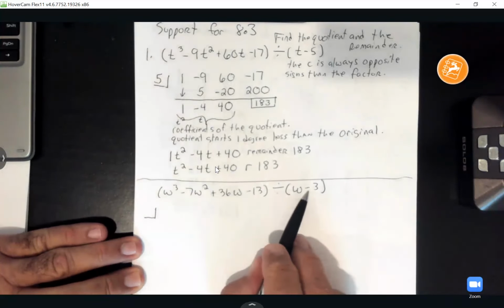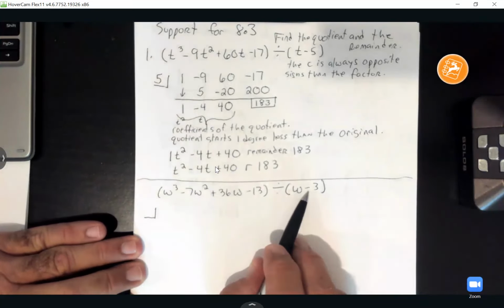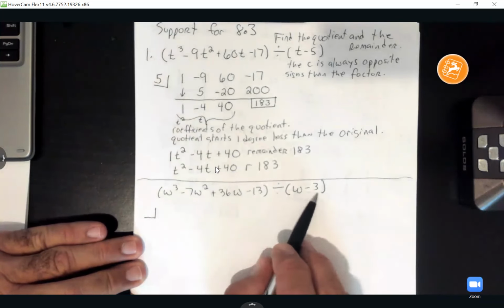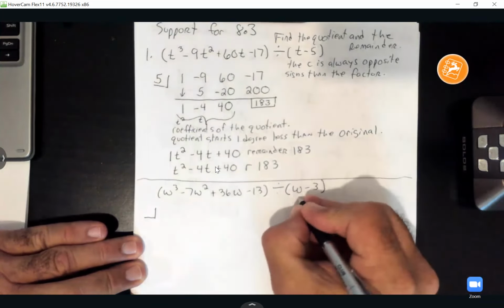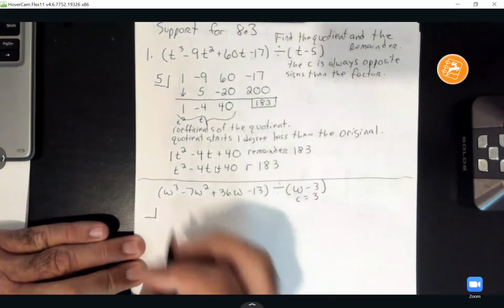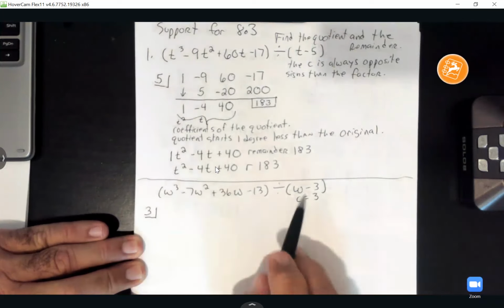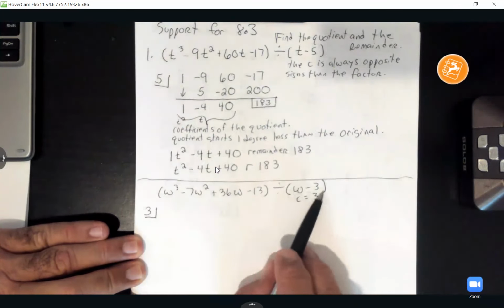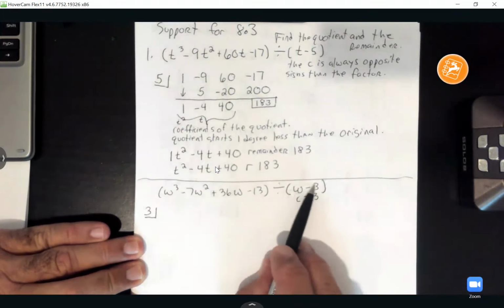Since this one's negative as a factor, your actual C will be a +3. So it's going to be whatever you get if you was to set this equal to 0, remember?